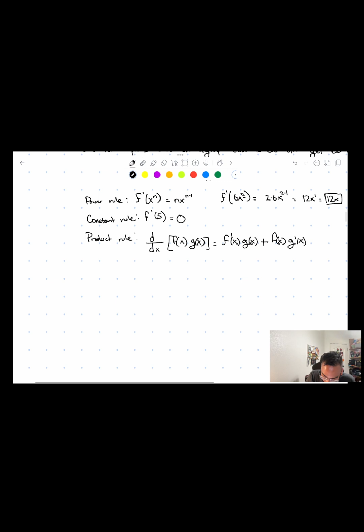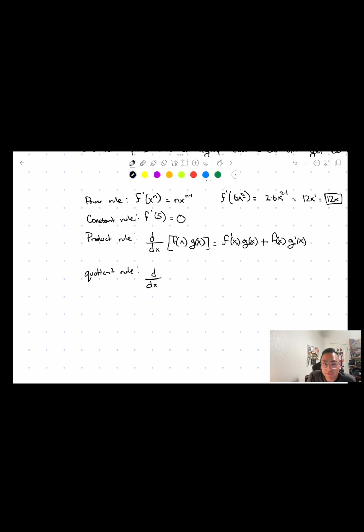And there's also something called the quotient rule. Whenever we divide or you see a fraction in a function. So for the quotient rule, we'll use Leibniz notation just to make it interesting.